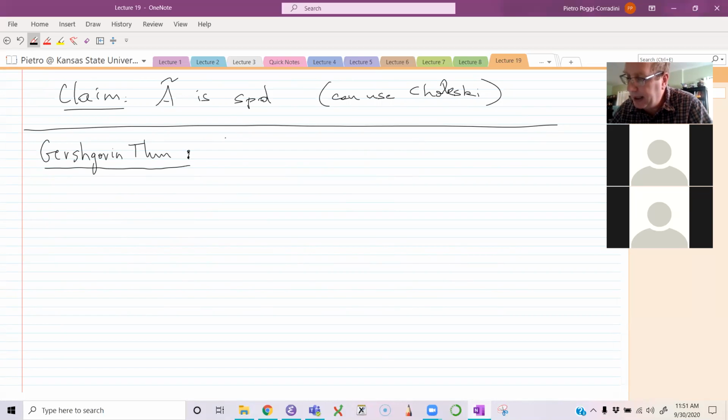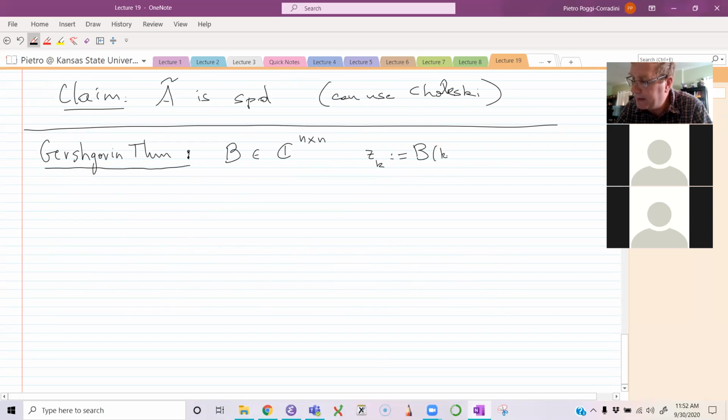Right. Gershgorin says, and I'm going to do it in the generality of complex n by n matrices, but it doesn't matter. You can apply it just as well to real. You look at the elements on the diagonal, so B_kk, these are complex numbers. And so you can think of them as points in the complex plane.